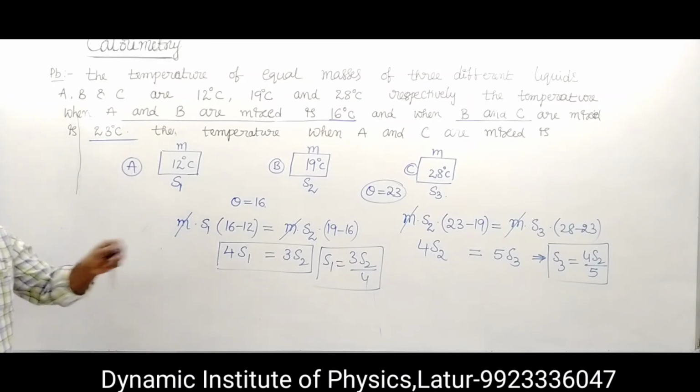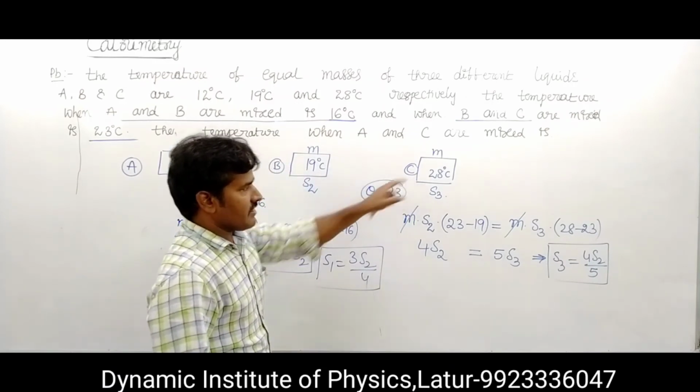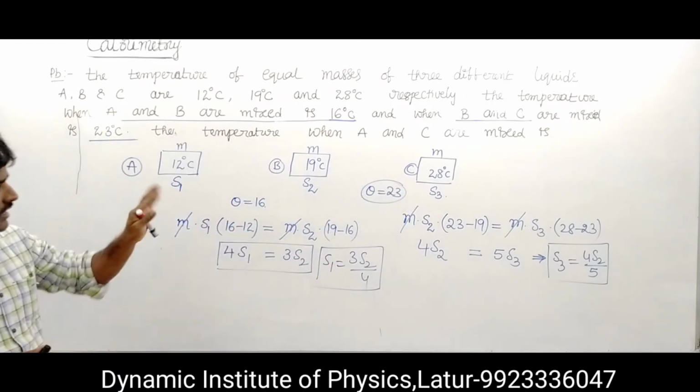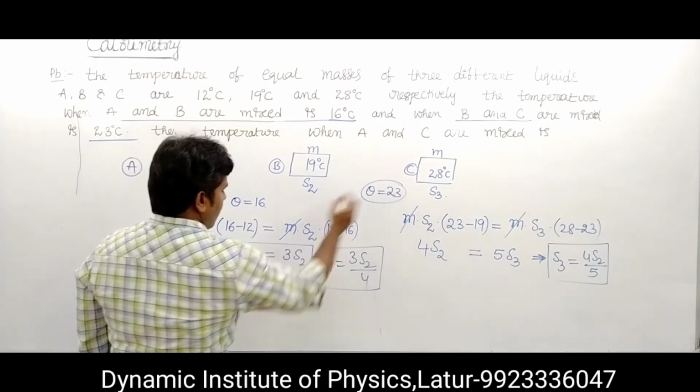Now we want to find the common temperature when A and C are joined. A is the cold body, C is the hot body.